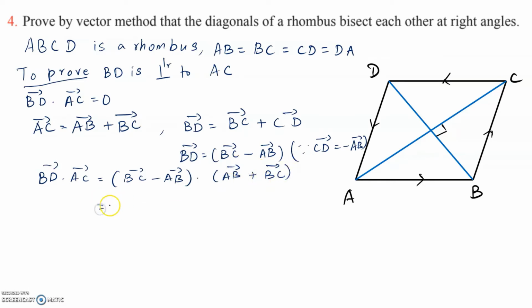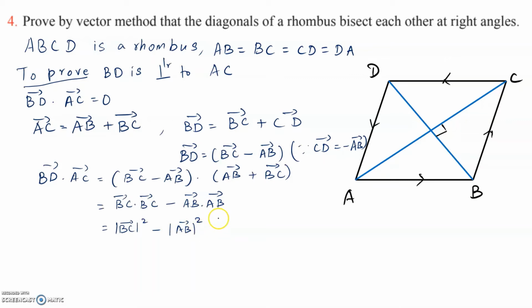So this can be written as BC vector dot product with BC vector minus AB vector dot product with AB vector, and that will be equal to magnitude of BC squared minus magnitude of AB squared.